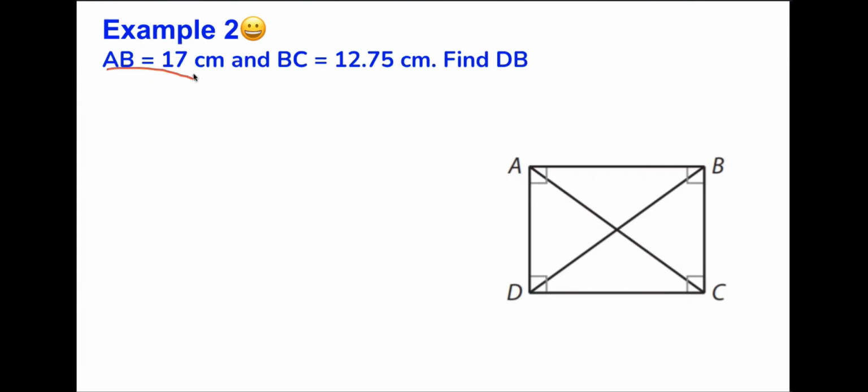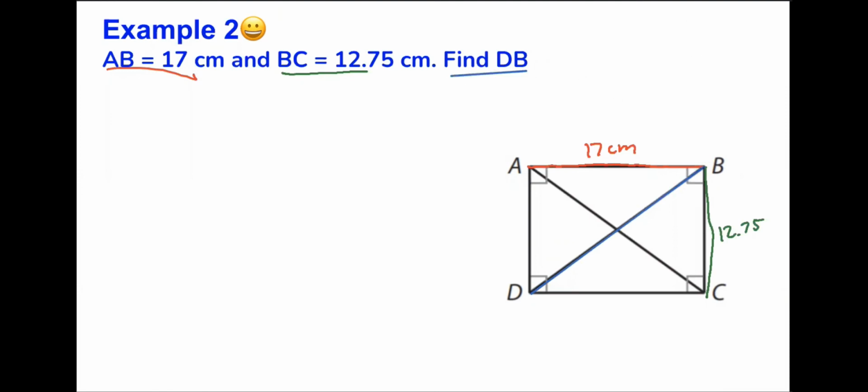AB is this length, 17 centimeters. BC is this length, the height of the rectangle, 12.75. We have to find the hypotenuse, or one of the diagonals actually. We haven't made it a hypotenuse yet.